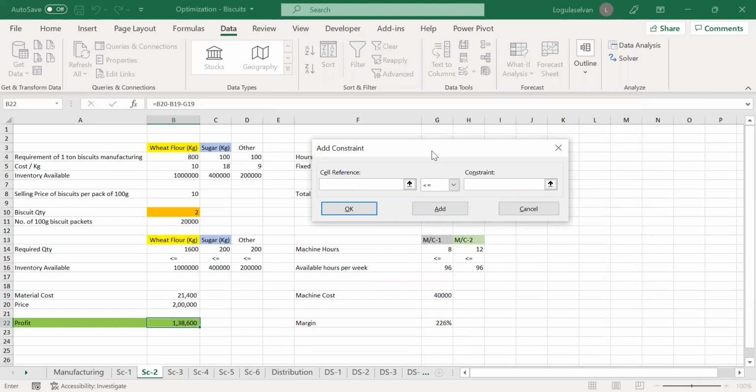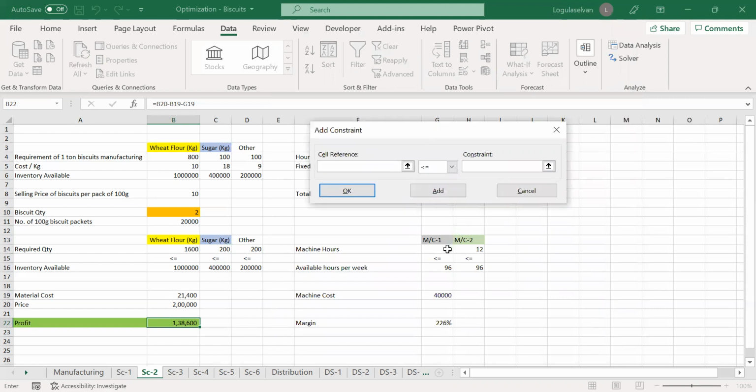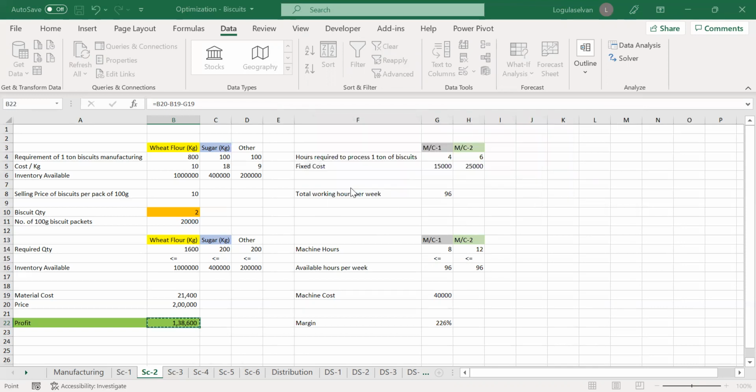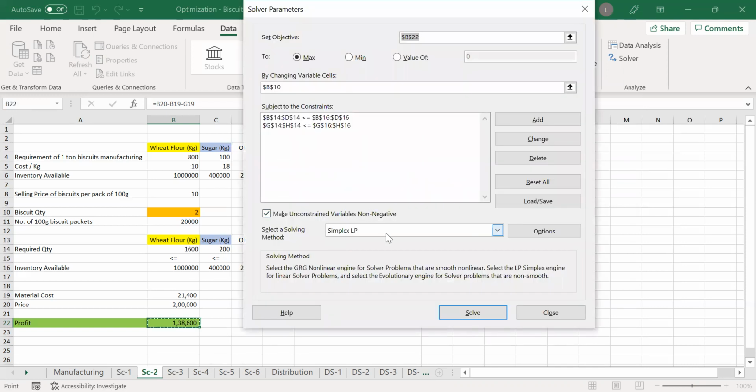The next constraint is your machine hours, which has to be less than or equal to 96. Fine. So we have added 2 constraints. Here also Simplex LP is the method. Select that and click solve.